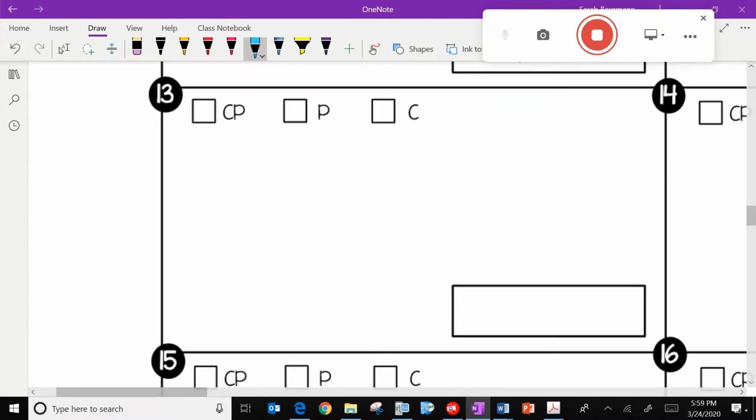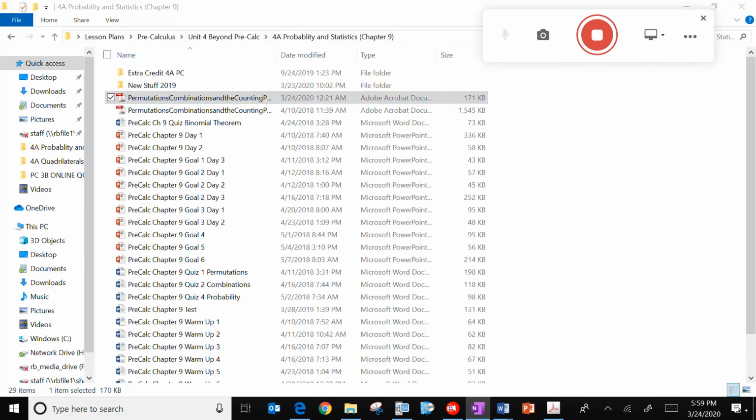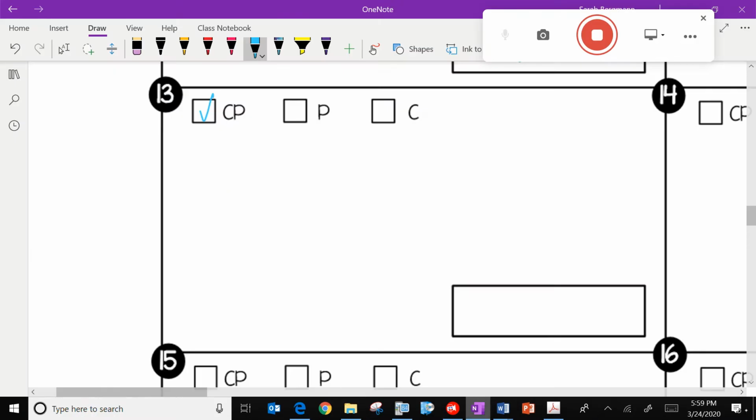For number 13, he's trying to come up with a 3-digit PIN. He can use the digits 0 through 9. So that means that there are 10 possible numbers to fill in each space. I would use a counting principle to solve this problem. So we have the first digit in the PIN, second digit in the PIN, third digit in the PIN.